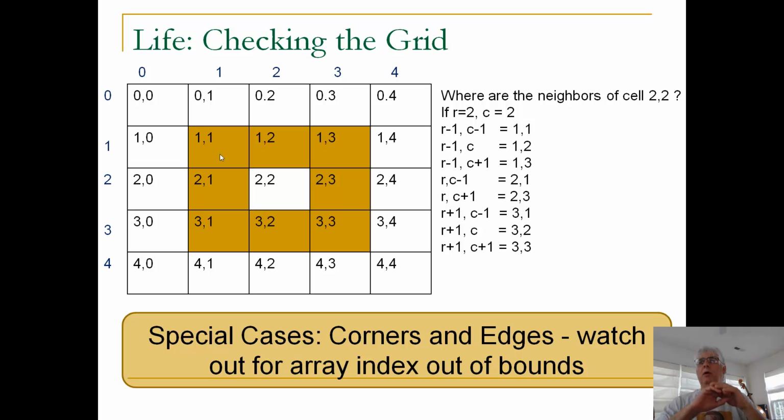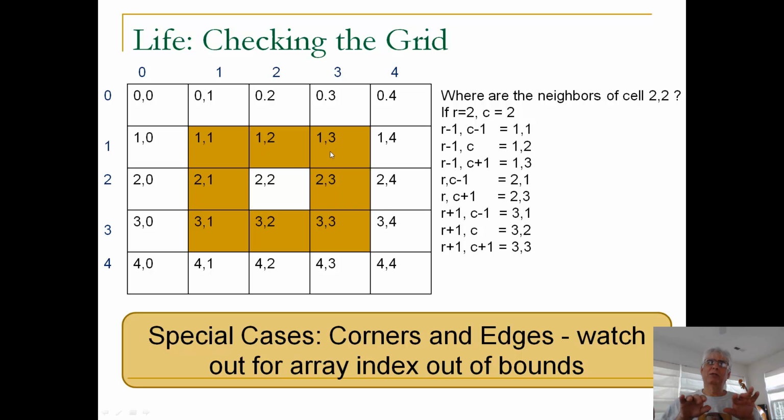So if you're in row R, and for this example row R is row 2, I want to check the state, alive or dead, of my neighbors in row 1. So here you can see I'm going to check 1, 1, 1, 2, 1, 3.